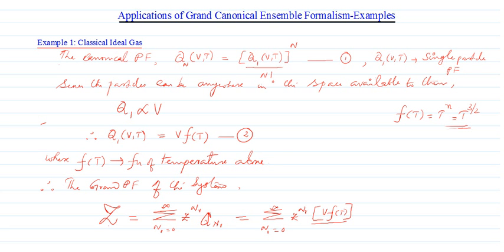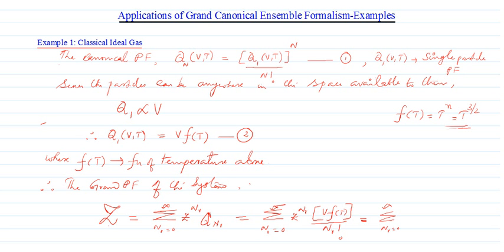Because the value of N_r can be different, so I will be writing in place of N factorial, N_r factorial, right? So which can be again rewritten or modified as the sum over the same quantity N_r equal to 0 to infinity, of course, that is here z raised to N_r, and one more thing, raised to N is here in equation number 1, so I have to raise this also to N_r.